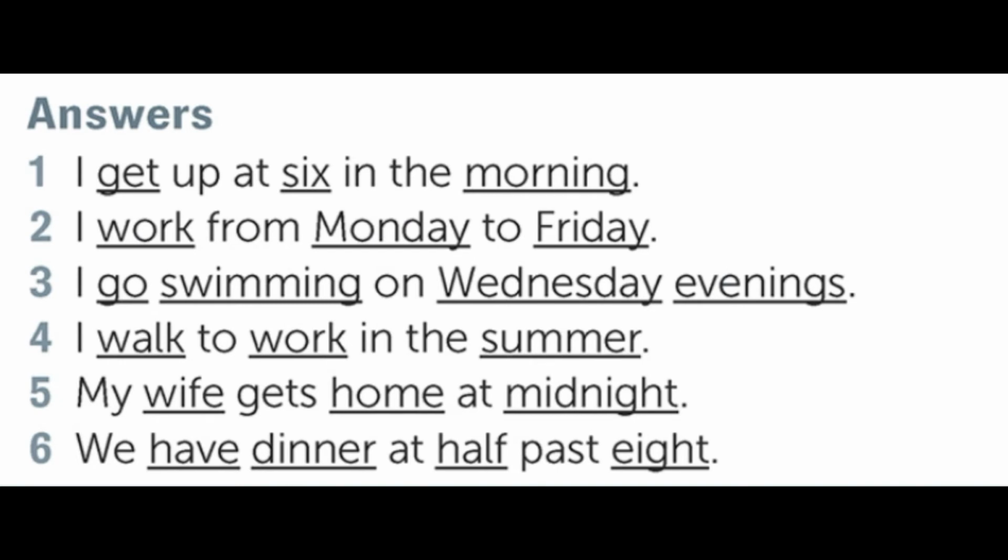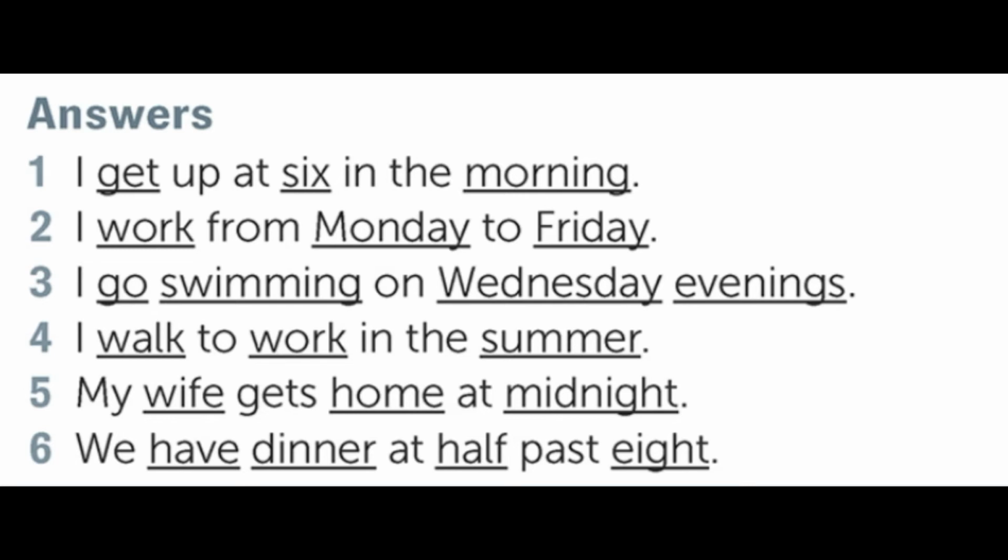So check it out. The answers are the words underlined here. So let's check. You say, I get up at 6 in the morning. The most important words in the sentence are the most stressed ones, right? That's the answer. So number 2, I work from Monday to Friday. You see the 3 words that you give more emphasis in the pronunciation.